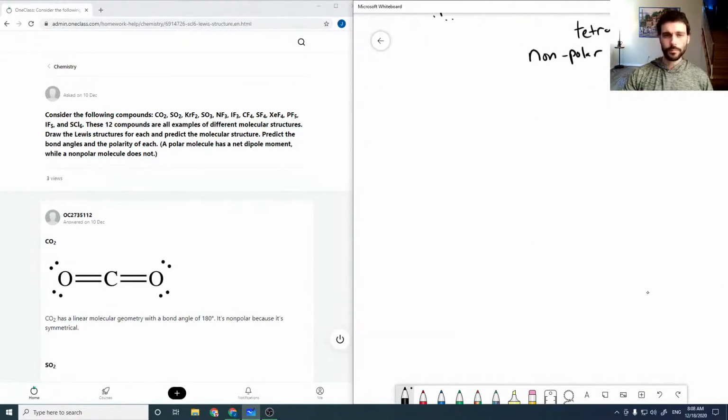SF4. So here we have 6, and 7 times 4 is 28 for a total of 34. Our sulfur is going to need to form 4 bonding partners. It normally has 6, so it's going to just keep a lone pair.